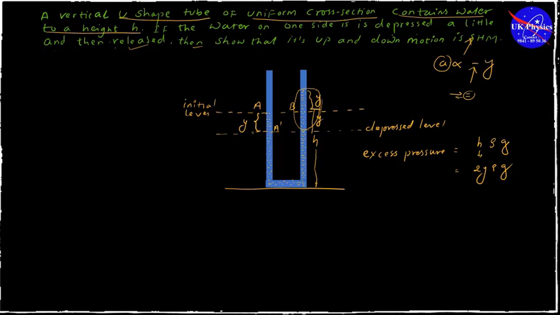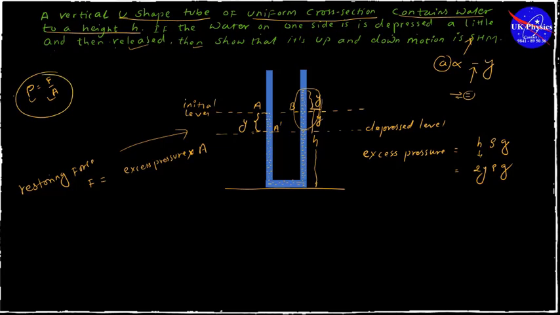So the restoring force in this column is given by force equals excess pressure times cross-sectional area, because we know that pressure equals force upon area, and to get the force we multiply pressure and area.